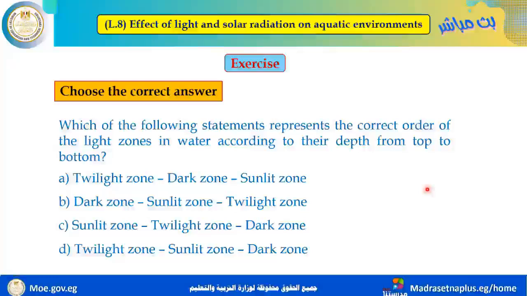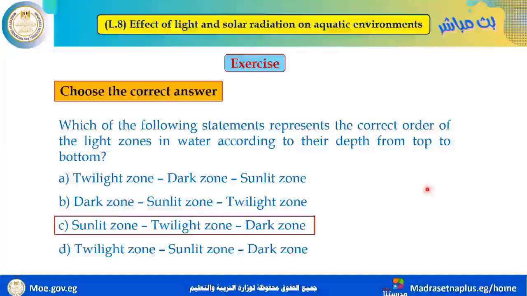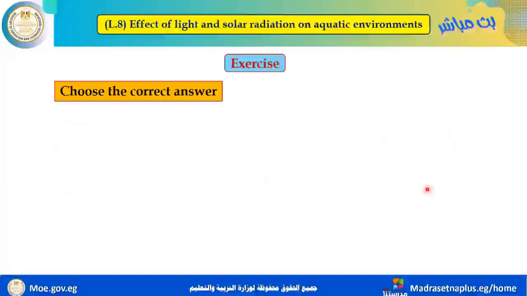Twilight zone, sunlit zone, dark zone. Yes, I think these are very, very easy questions because we talked about this before. So we start with the sunlit zone, then the twilight zone, finally the dark zone, and don't forget that for every zone, a specific kind of living organism can adapt and live in that zone.